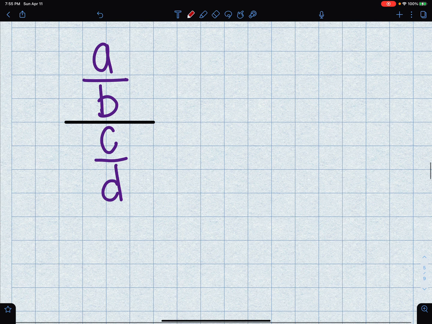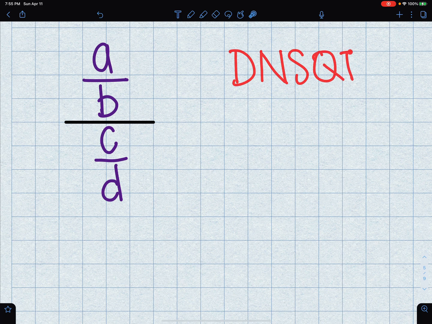Okay, so for example, if you have a over b divided by another fraction, c over d, you basically use the denominator, numerator, same quantity rule. Don't you remember that rule?